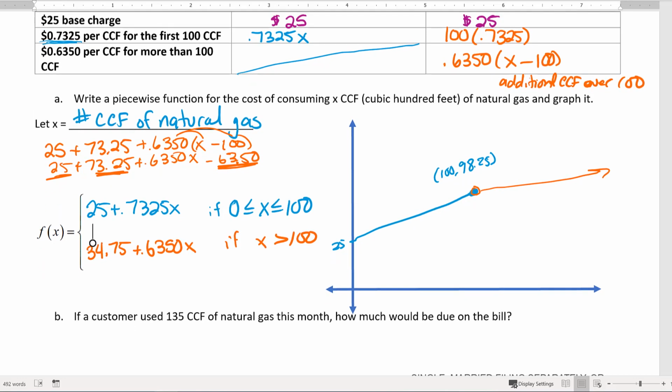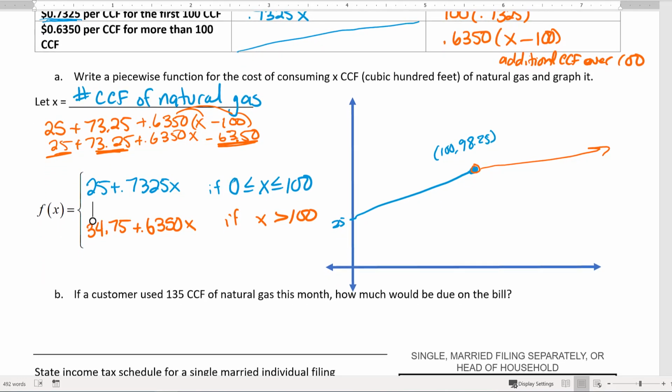The next question we have is, what if a customer used 135 CCF of natural gas this month? How much will be due on the bill? Well, 135 is definitely an X value because remember, X is equal to the number of CCF of natural gas. So if X is equal to 135, I'm trying to figure out what Y is, or F of 135.